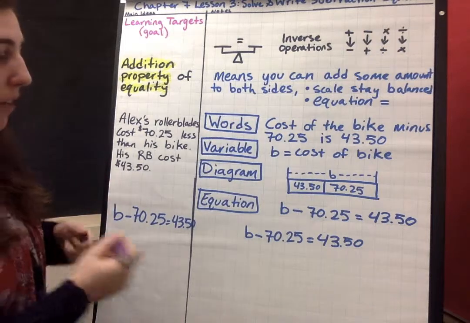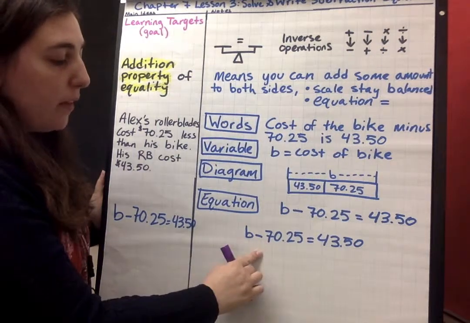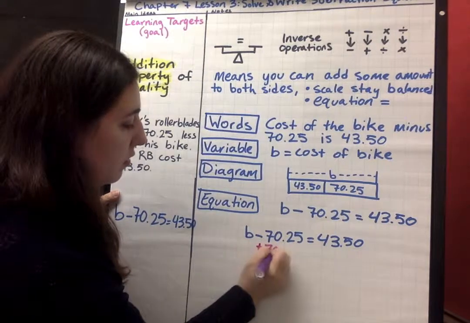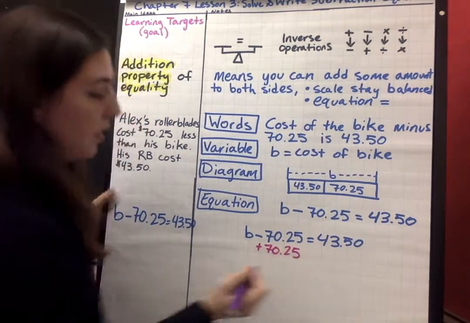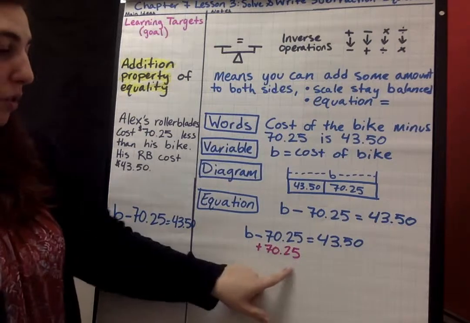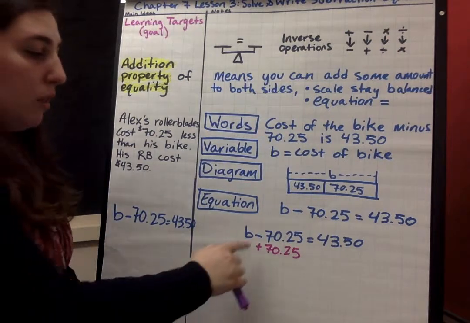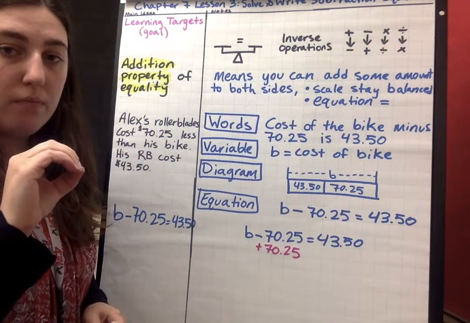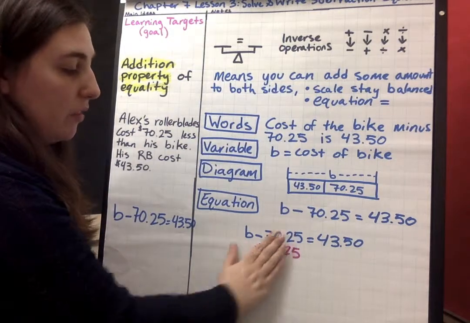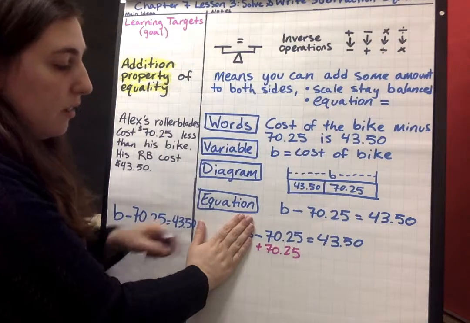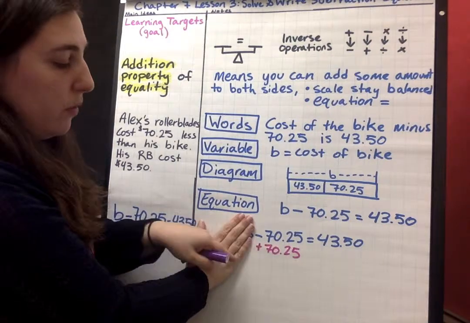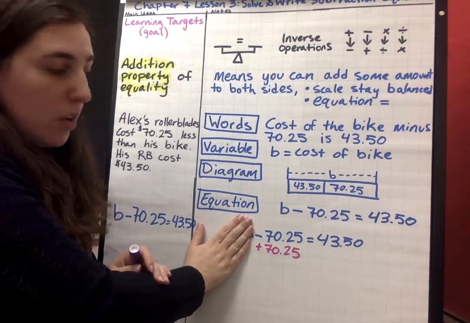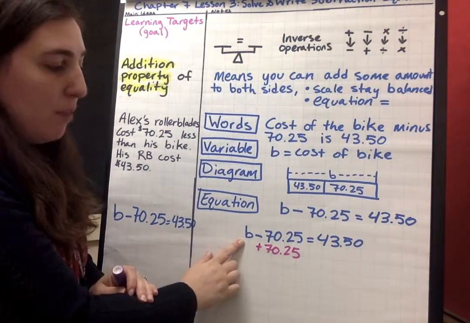And I'm going to add 70.25 to this side, because if I add 70.25 to negative 70.25, I'm going to get 0. So that means I'm going to get nothing over here. If I just look at this, minus 70.25 plus 70.25, you would get nothing, okay? And then we would be left with b.